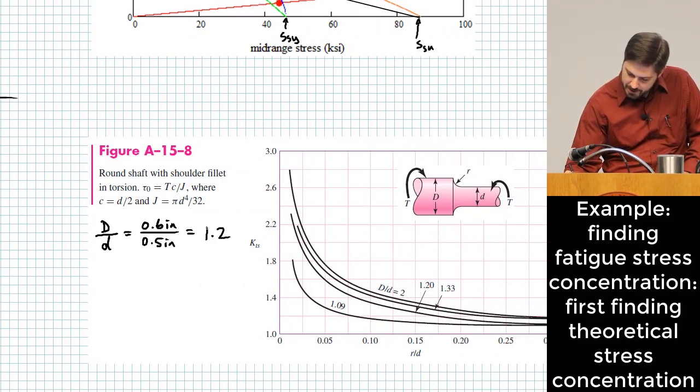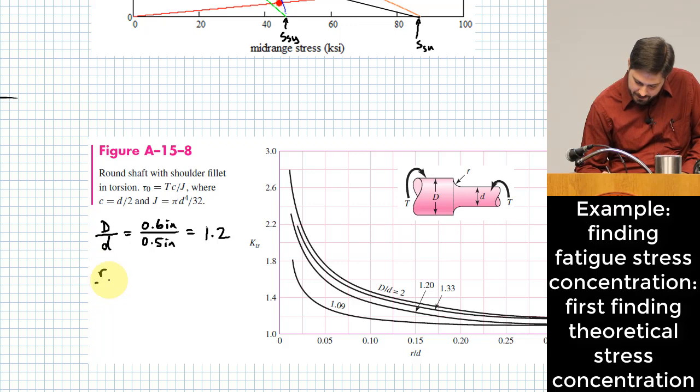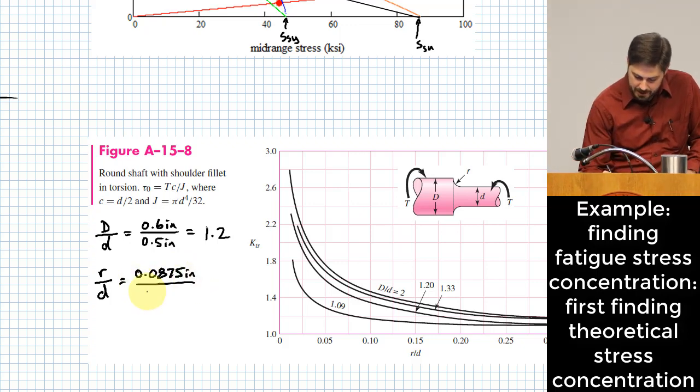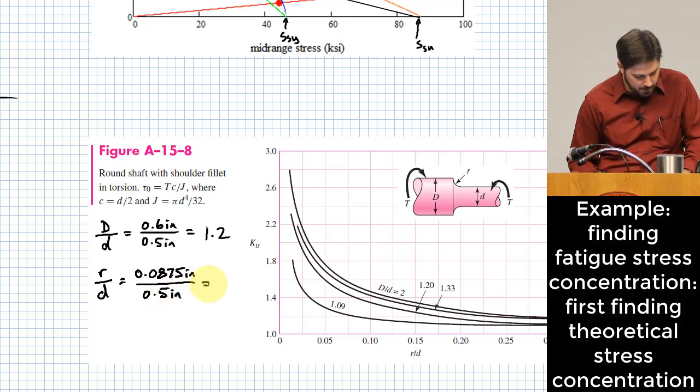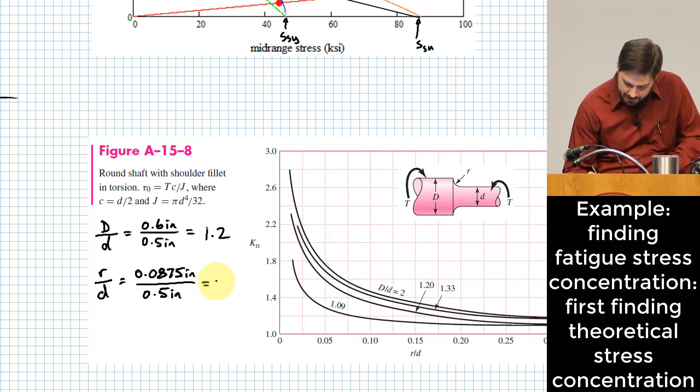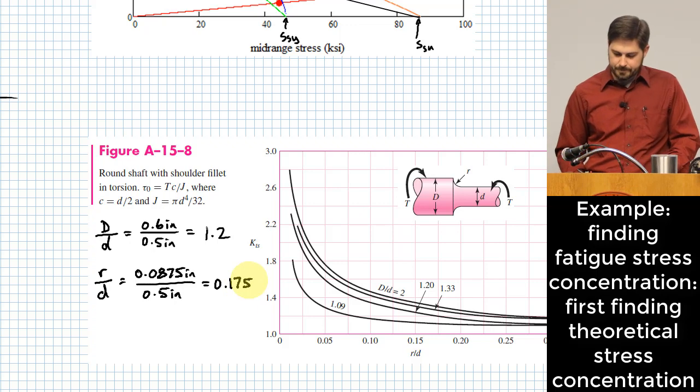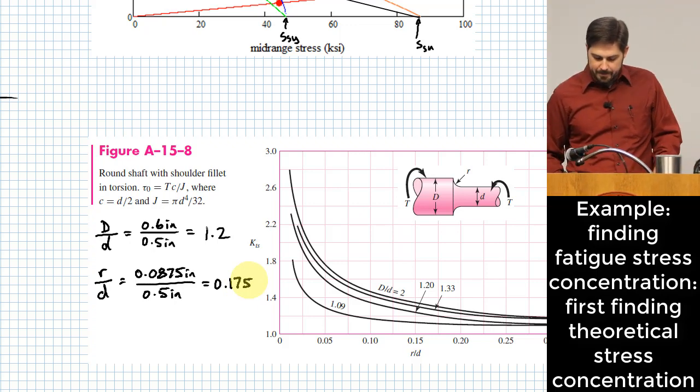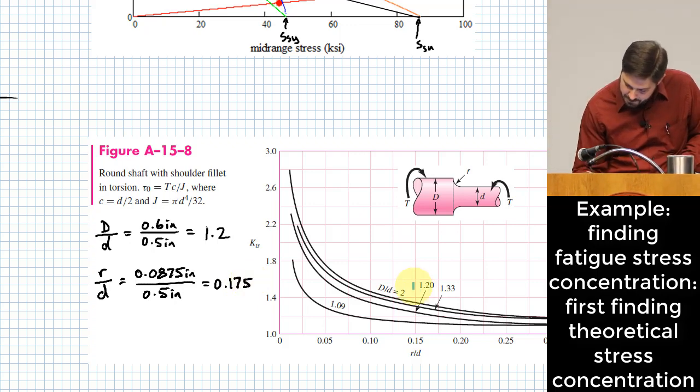Okay, so that tells me then that r over d, 0.0875 inches over, and of course this is for lowercase d, so that would be 0.5 inches. And that gives me 0.175. Okay, so the 1.2 tells me I'm on this curve.